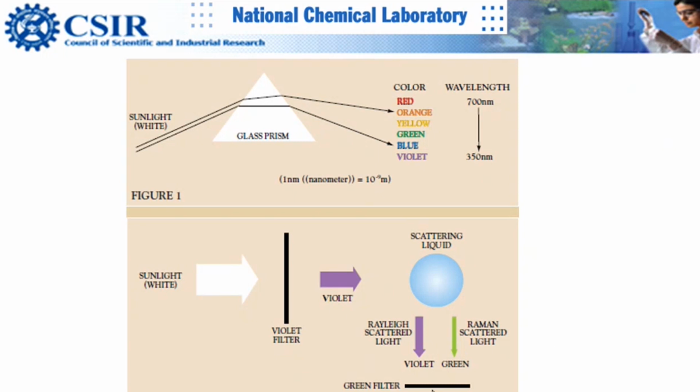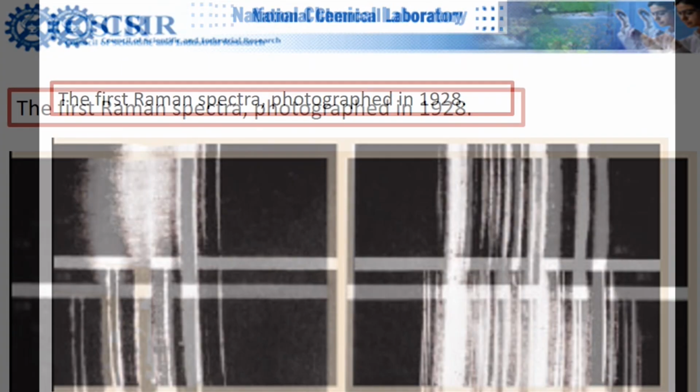And then you can apply the filter, which we actually do in our system. We apply an edge or notch filter, and then you can look selectively at one of those inelastically scattered lights.